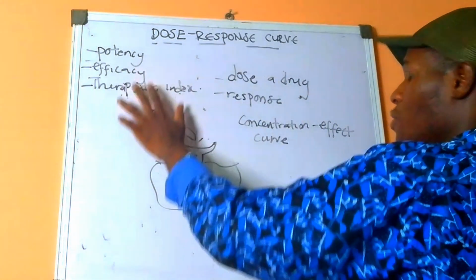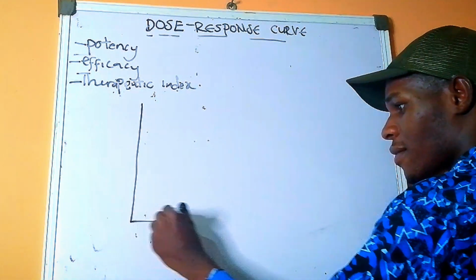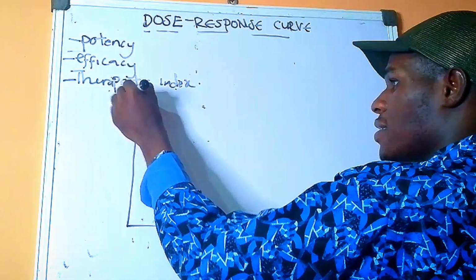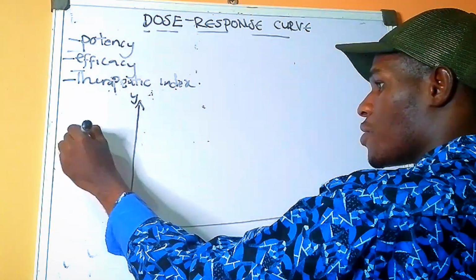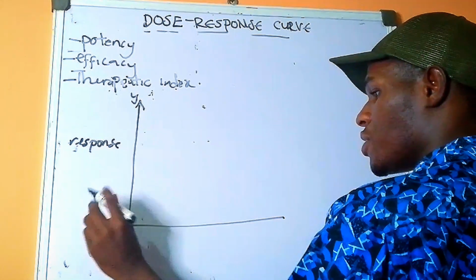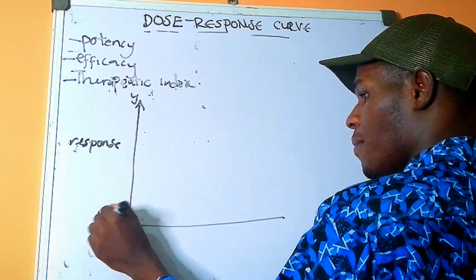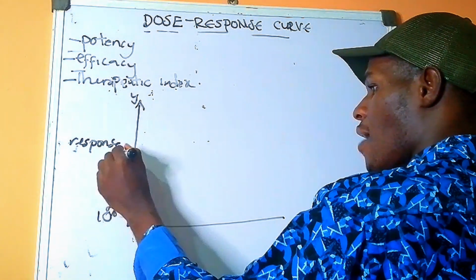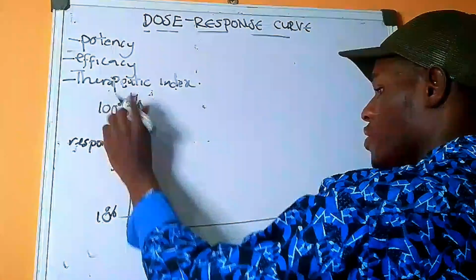So we are going to be looking at potency. So let's say I have my graph here. On the Y-axis, I have my effect, or let me use response rather, since it's dose response. I have my response in percentage. You can plot it in percentage. So let's say I have 10% here, I have 50% here, and I have a full 100% response here.